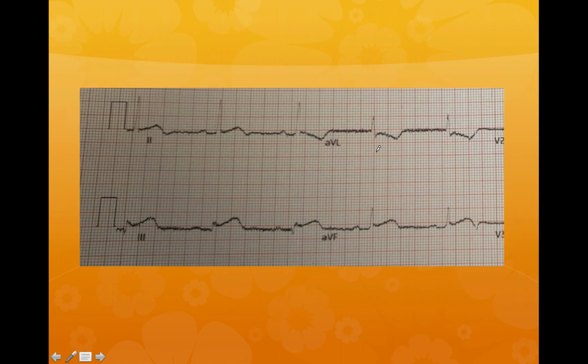First of all, we actually want to rule out that it's not reciprocal ST depression, because we may have ST elevation at some point in the ECG, here. That's a good example of reciprocal changes on an ECG, and it's a key finding in the case of an acute occlusion.